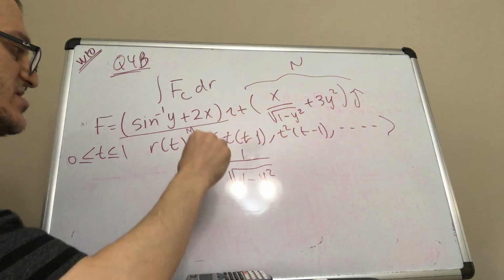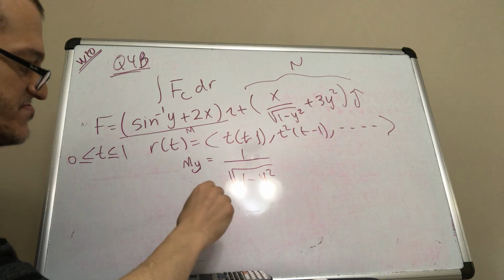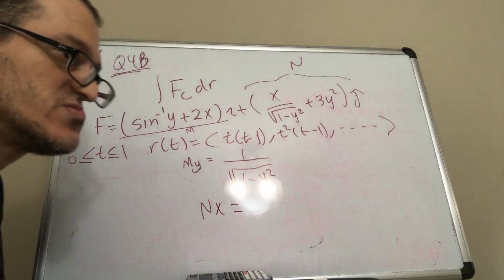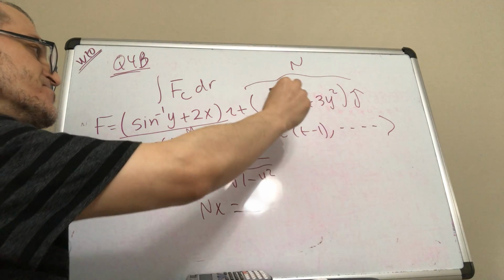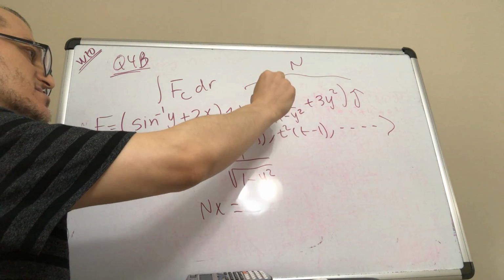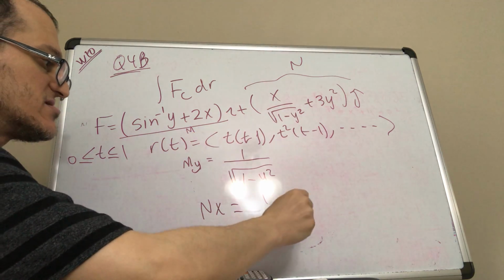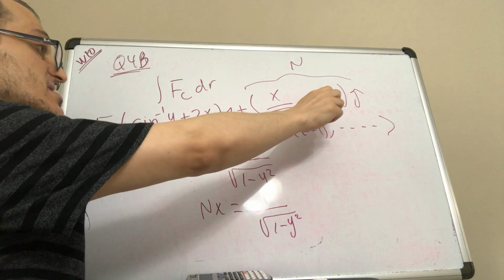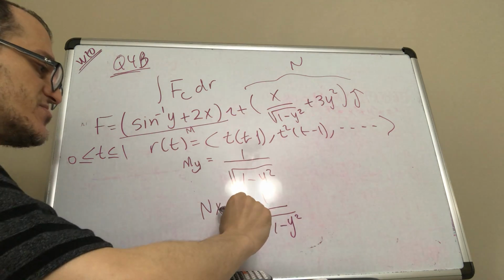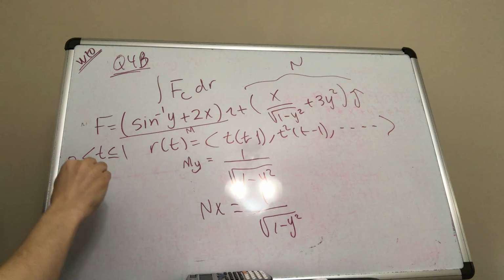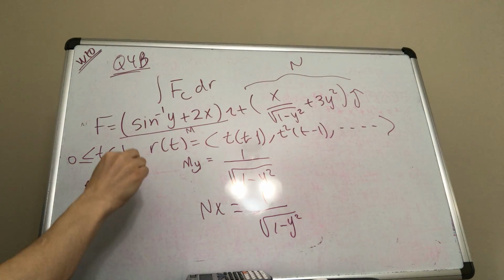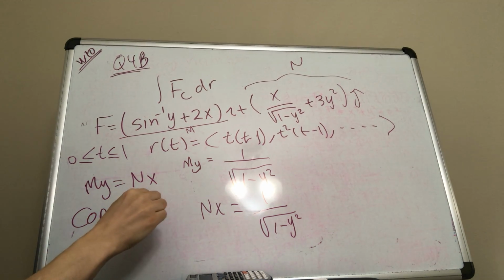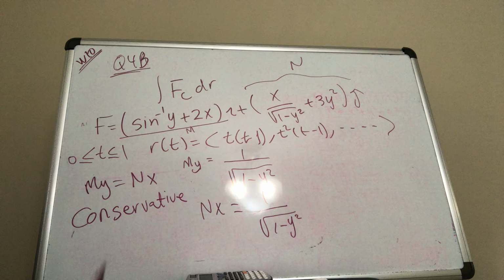And the derivative of 3y squared with respect to x is 0. So M sub y equals N sub x, so it's conservative.